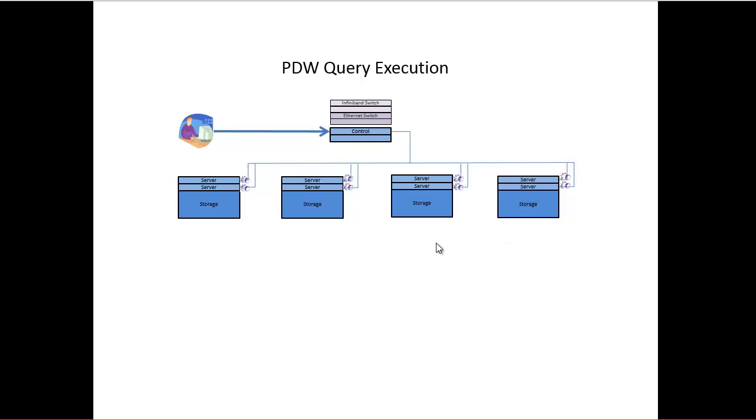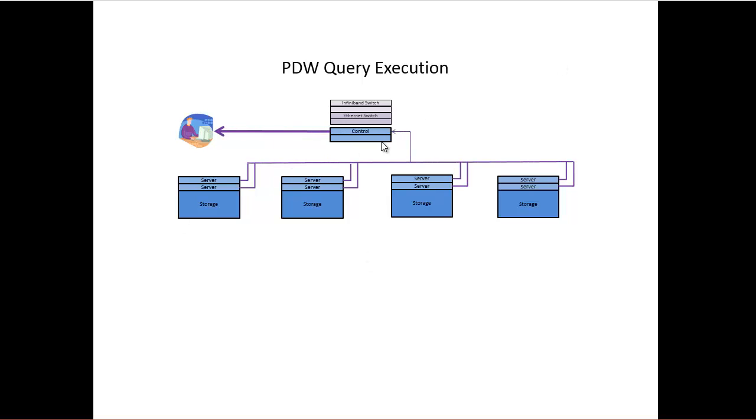And so those SQL Server instances will then receive their particular query generated by this control node and execute that query locally, and then return the results set back up to the control node, as indicated in this graphic. So that's them returning it back.